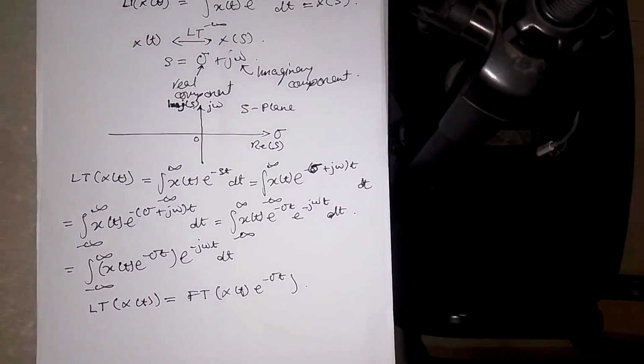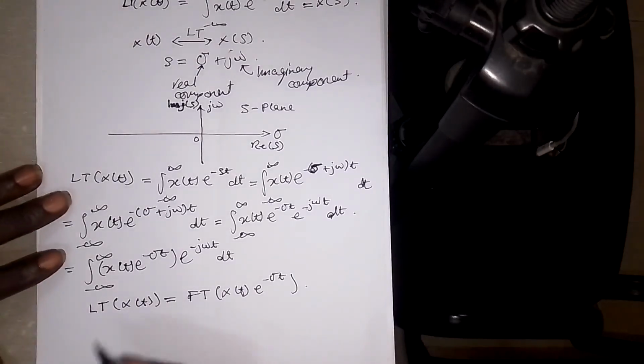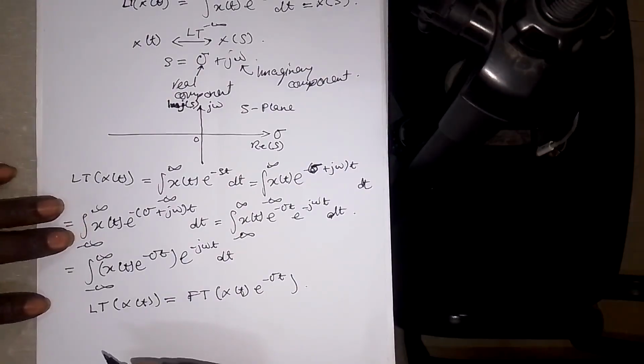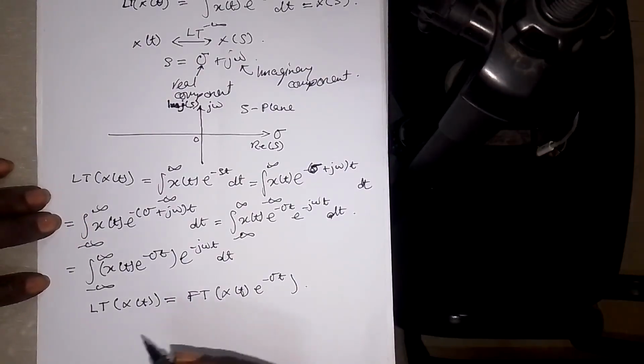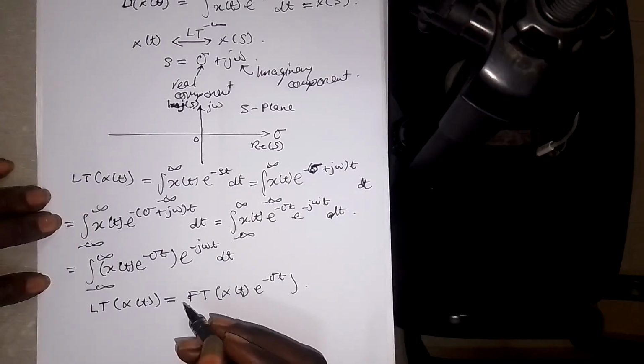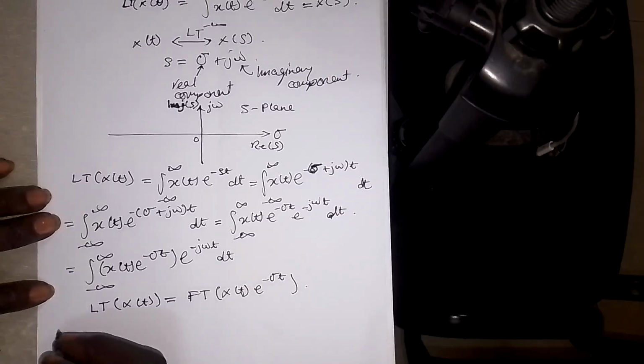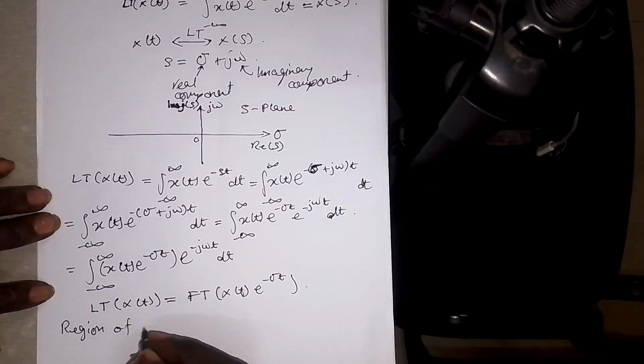Now, one thing that we do in the Laplace transform is to find the region of convergence, the ROC. So how do we find the region of convergence?